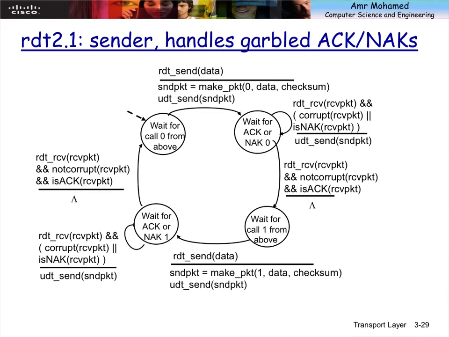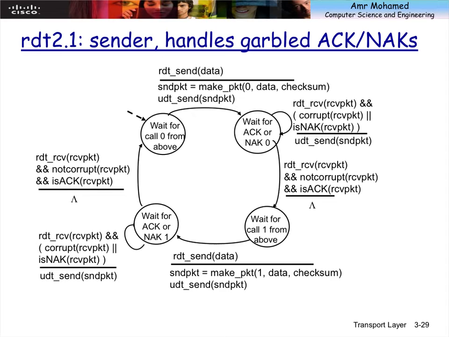So if the acknowledgement itself is corrupted, this is actually equivalent to the packet being lost, because I received the acknowledgement and it might be corrupted, which means I don't know whether this is acknowledgement or negative acknowledgement. So I don't know whether the packet arrived or not, in which case I may have to retransmit it. When I retransmit it, there is a possibility that the packet has arrived with no error, so in that case the receiver will receive the packet twice.